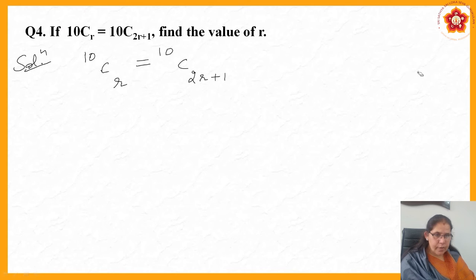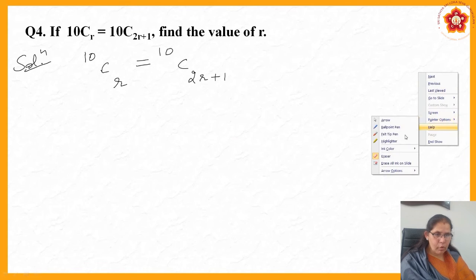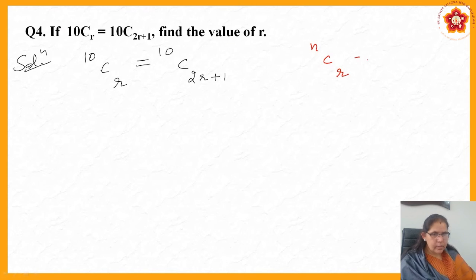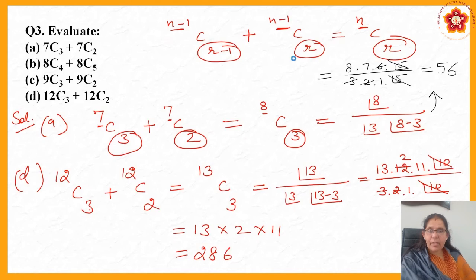For such questions, we are going to use a relationship which we have already done. And what is that relationship? That relationship is NCR is equal to NC n minus R. This we have done.